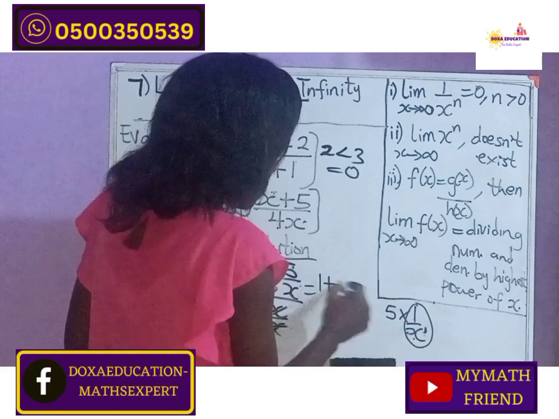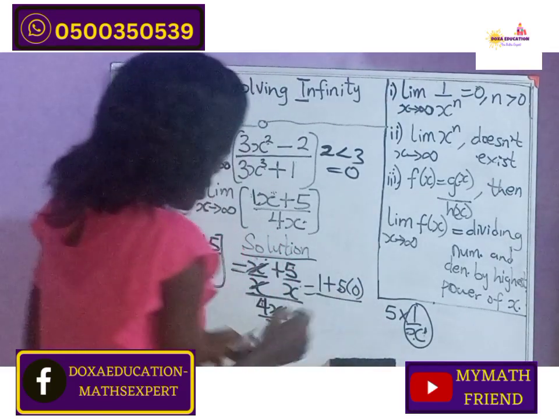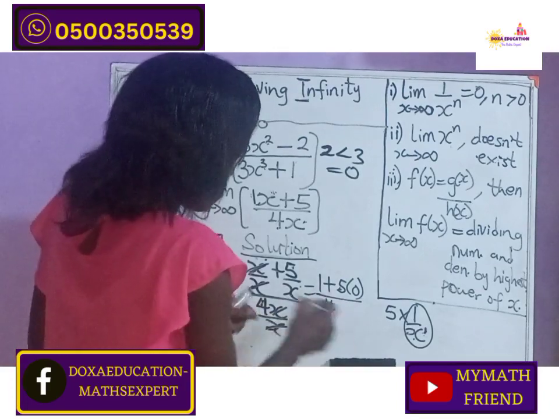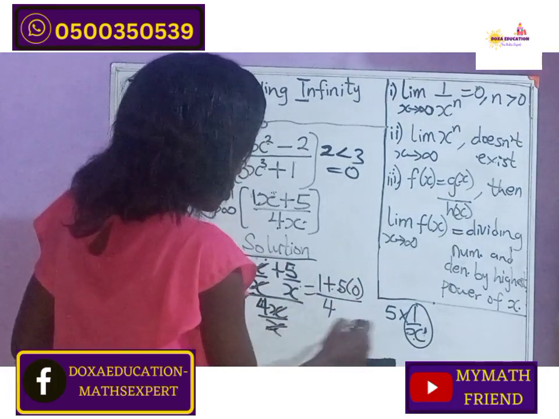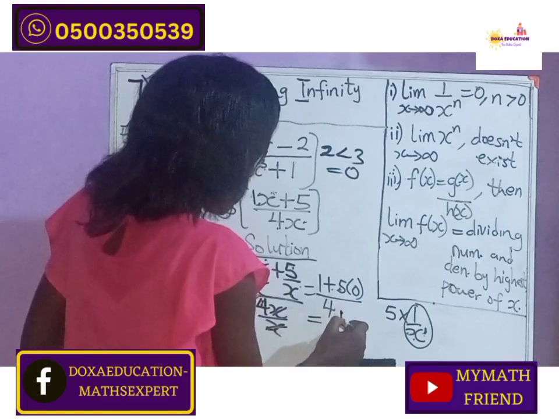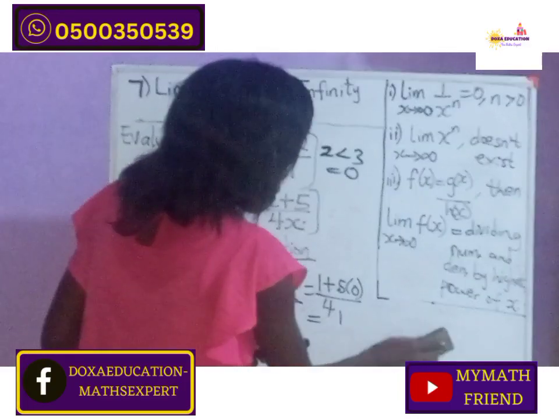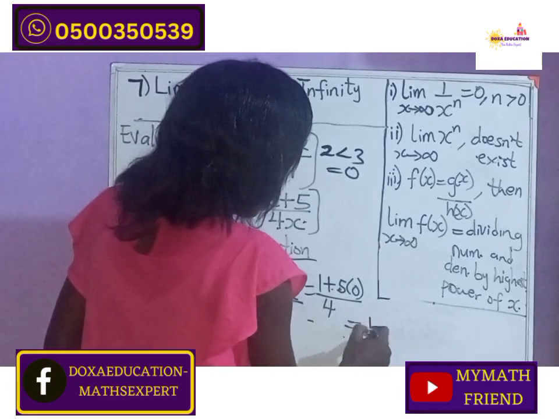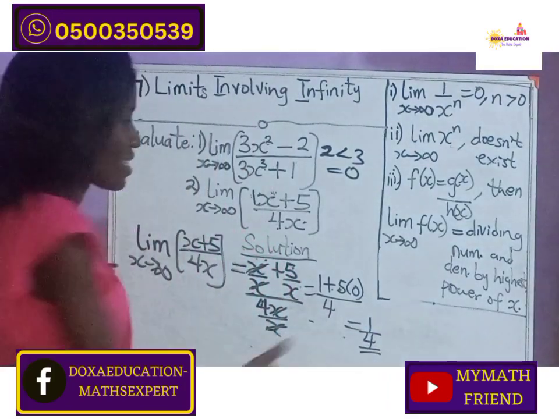So it's 5 times 0. Over here we're left with 4, since x cancels x. 1 plus 0 is 1, over 4. And this is the answer.